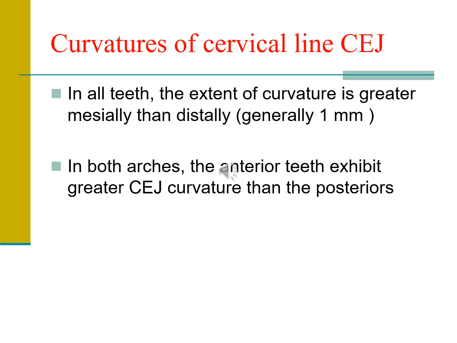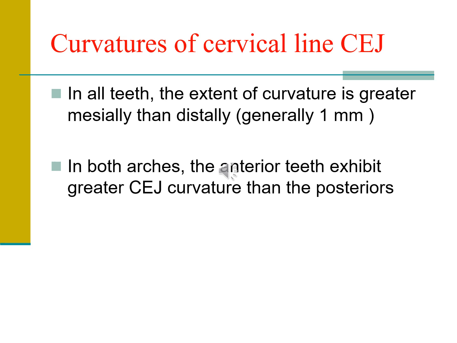Lastly, speaking about the curvatures of the teeth, we have what's called the cervical line, which signifies the cemento-enamel junction or the epithelial attachment, the soft tissue attachment at the neck of the tooth.